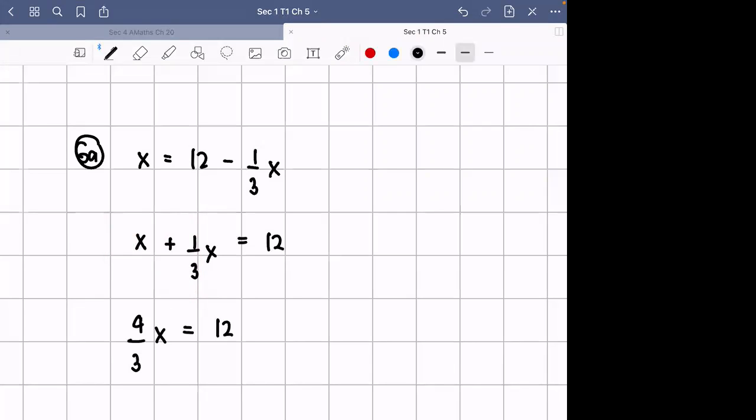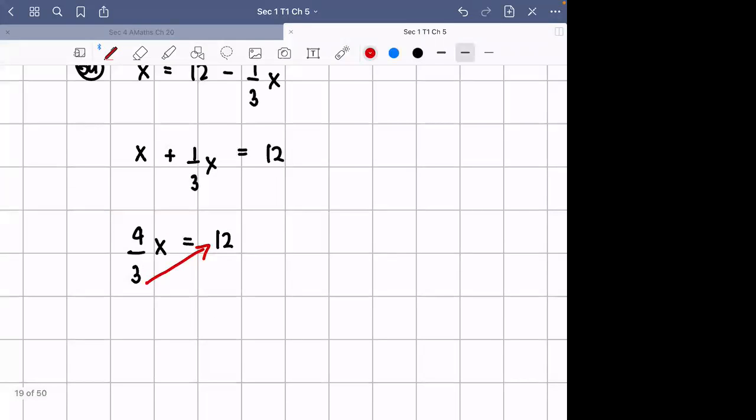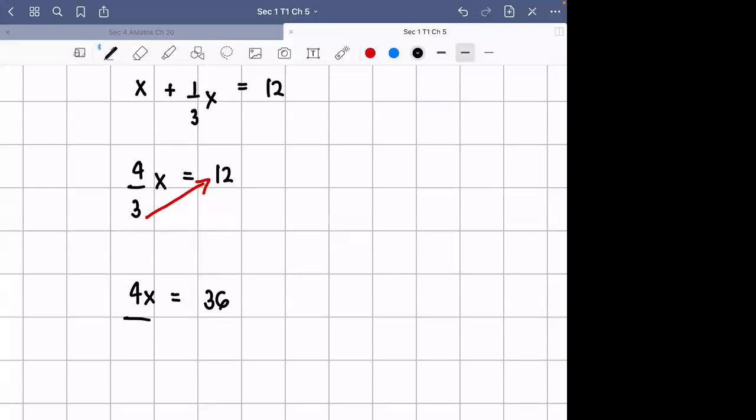Okay, so what do we do next? We cross multiply again. So it becomes 3 times 12. We bring down 4x is equal to, what is 3 times 12? It's 36. And then how do you solve for x? You divide both sides by 4.